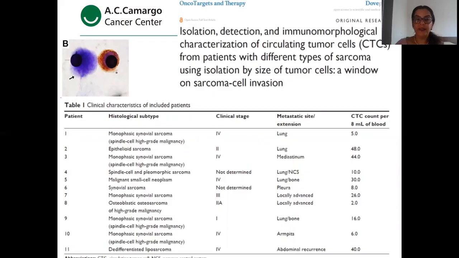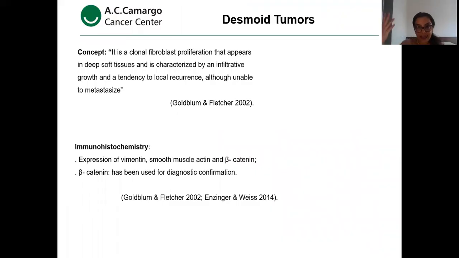And we were the first in the literature to show that, yes, we can use ISET to evaluate the cells. And for our surprise, we found many cells in the blood of patients with different types of sarcoma with different stages.